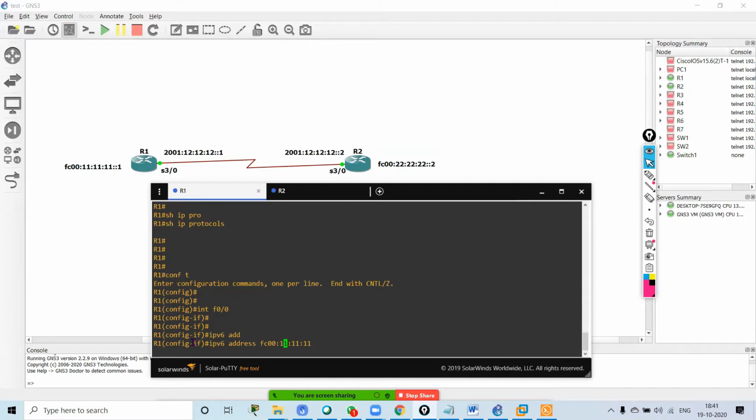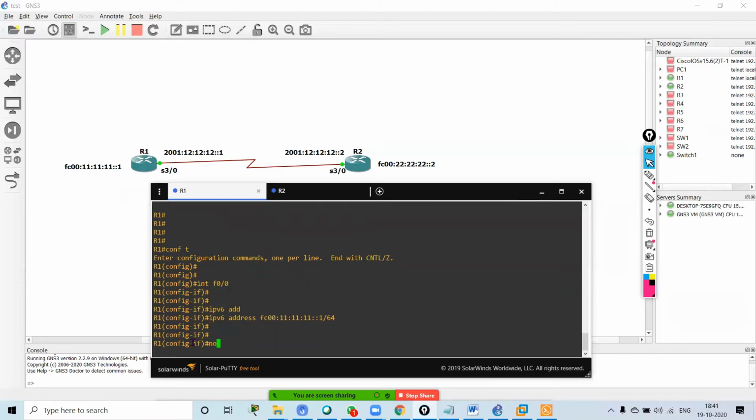See, this 11 means I'm having zeros in the preceding. I've removed the preceding zeros, writing a short address, colon 1. Okay. Then the subnet mask value 64. No shut.